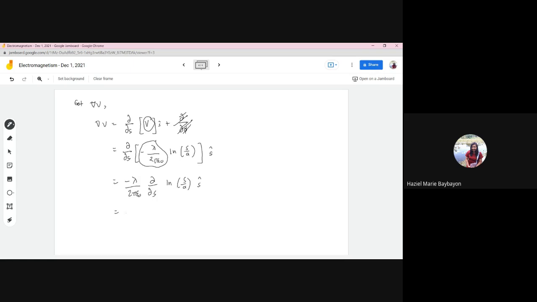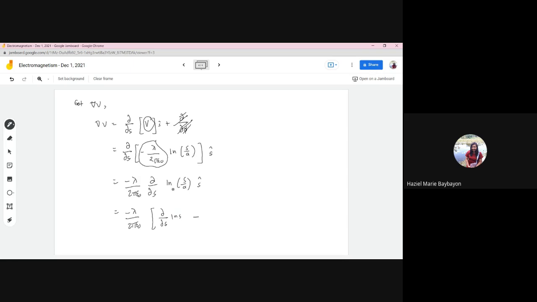So negative lambda over 2 pi epsilon naught, and then you will get the derivative. You can split this. Derivative with respect to S of ln S minus, remember the distributive property of the derivative.